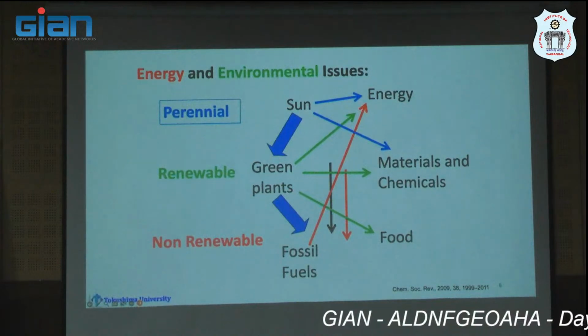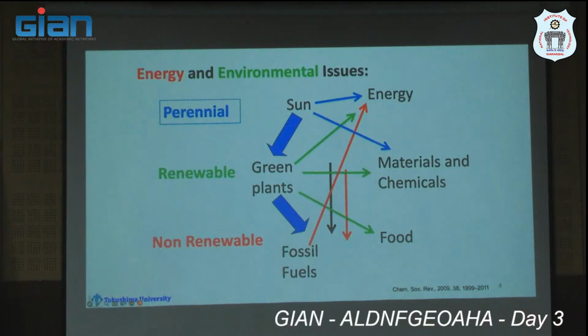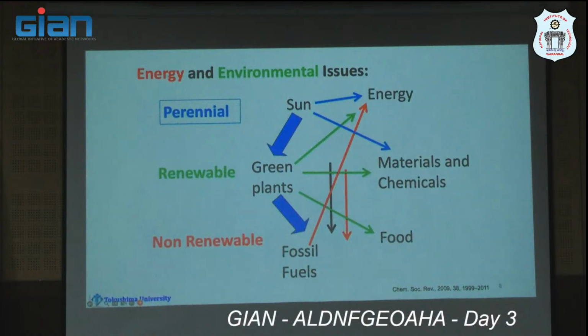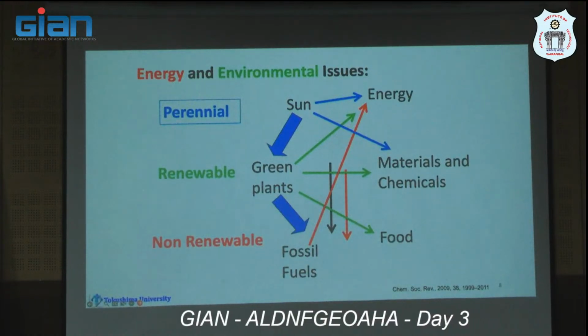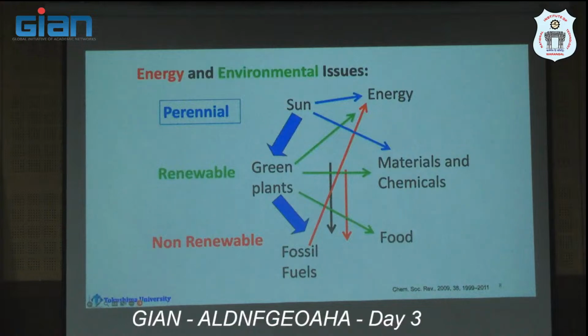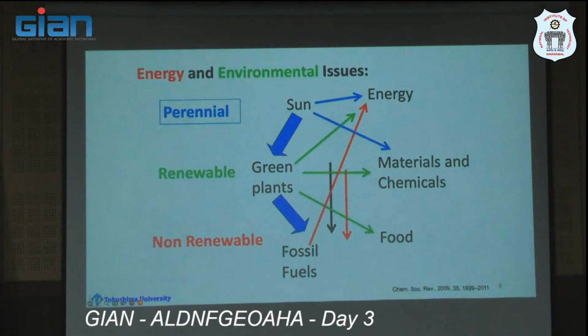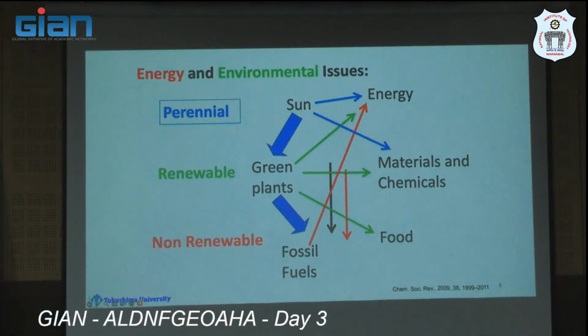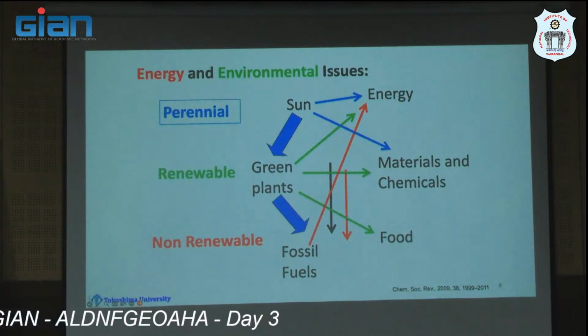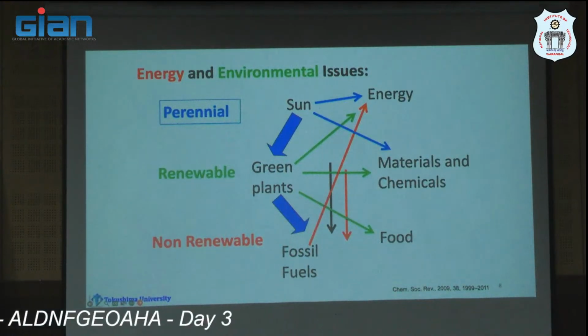So in the search of green energy, the thought was to find such energy sources with the help of the sun. The sun is giving energy, and that energy can be utilized for various purposes.